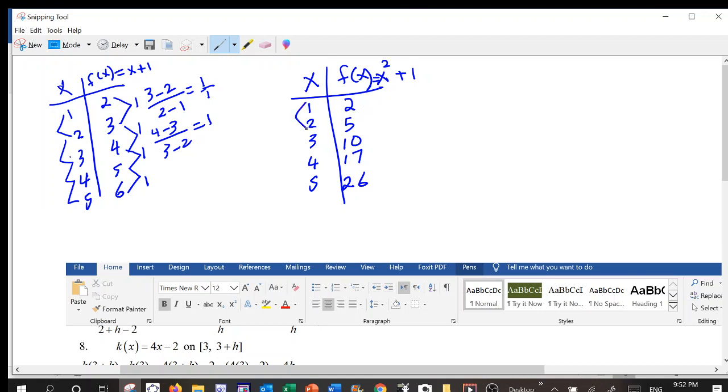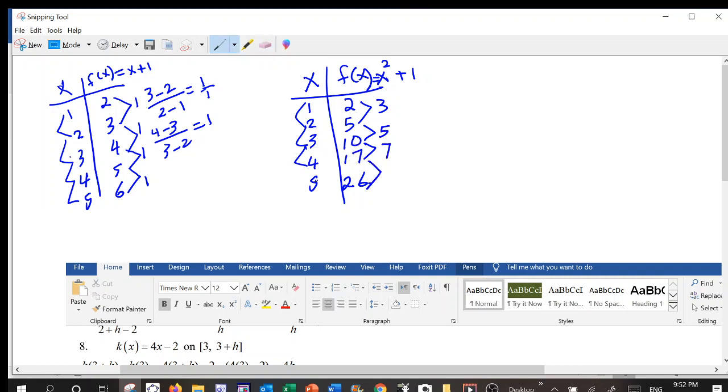Now what is the rate here? Well, 5 minus 2 is 3, over 2 minus 1, so 3 over 1 is 3. What's the rate here? Well, 10 minus 5 is 5, divided by 3 minus 2, which is 1. That's 5. And what's the rate here? From 3 to 4, that would be 7 over 1.